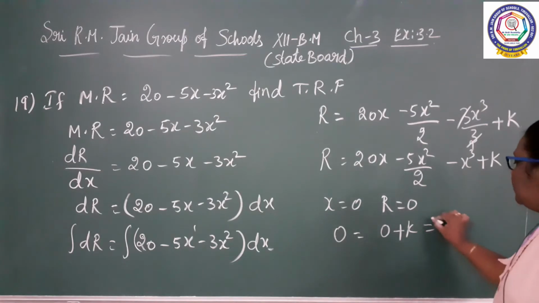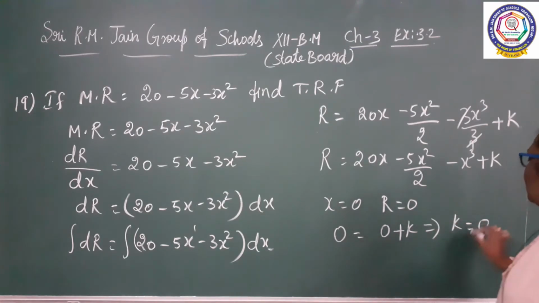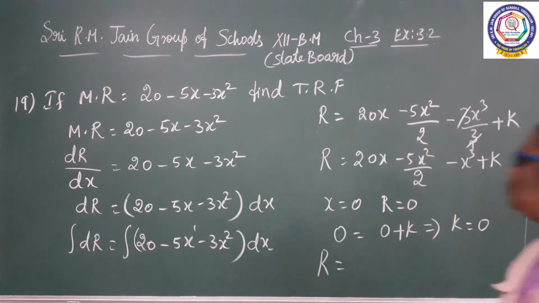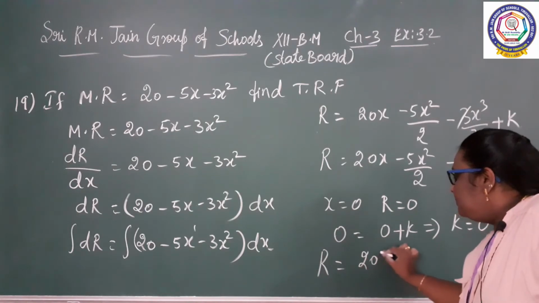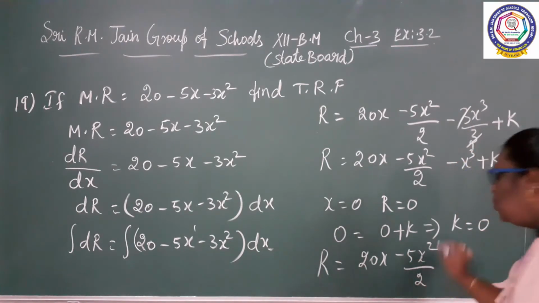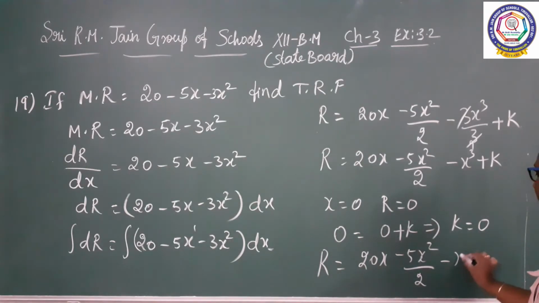So it gives k equal to 0. So what is the total revenue R? 20x minus 5x square by 2 minus x cube, k value is 0.